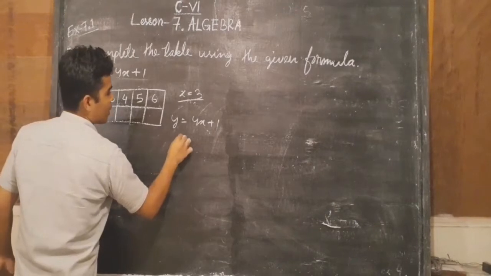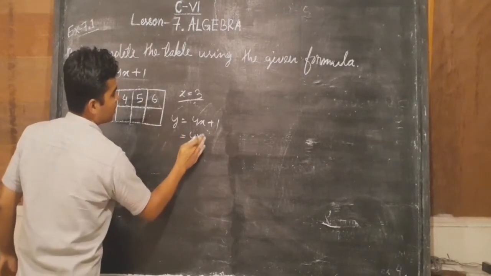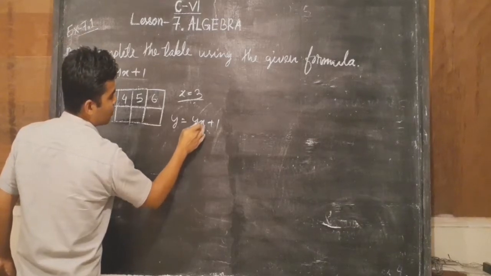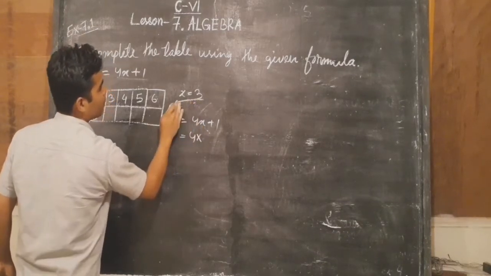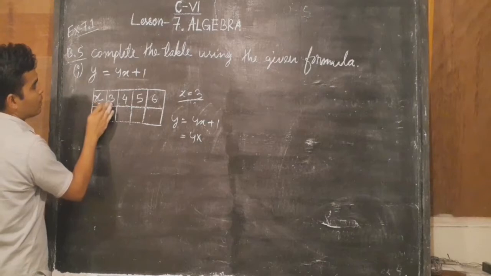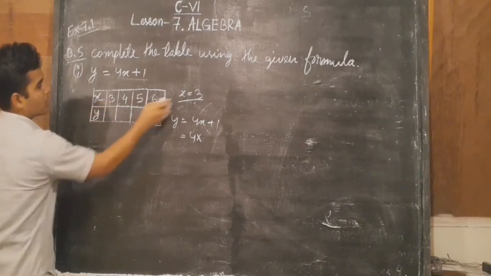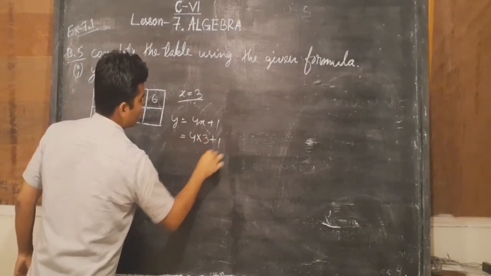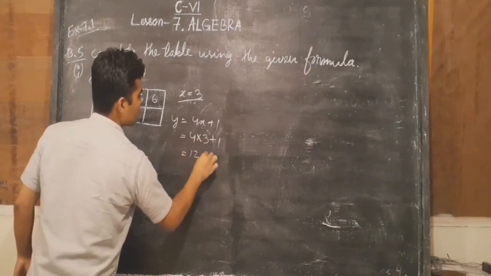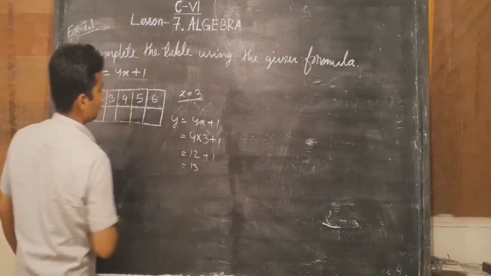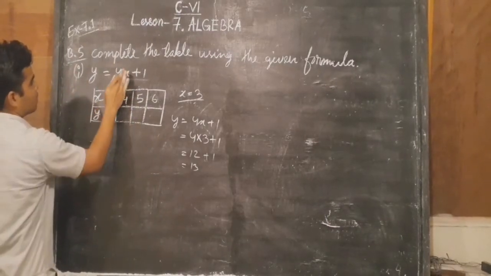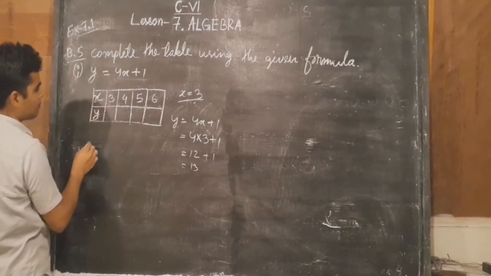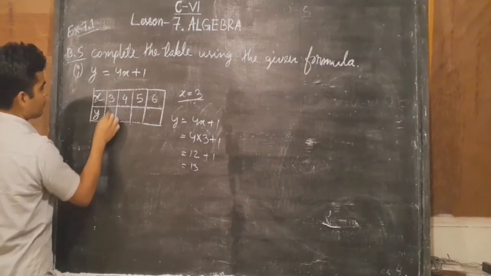Now I will put the value of x in this. 4x means 4 into x. So in the place of x I will write 3, because the first value of x is 3. So 4 into 3 plus 1. 4 threes are 12 plus 1 will be 13. So when I put x equal to 3 in this expression, I get y equal to 13.